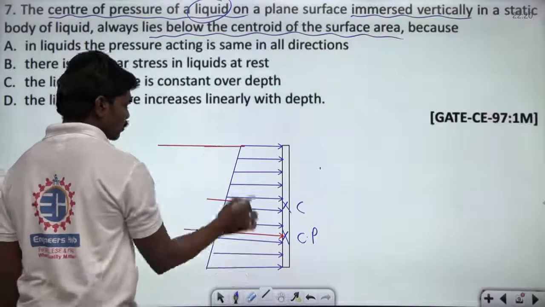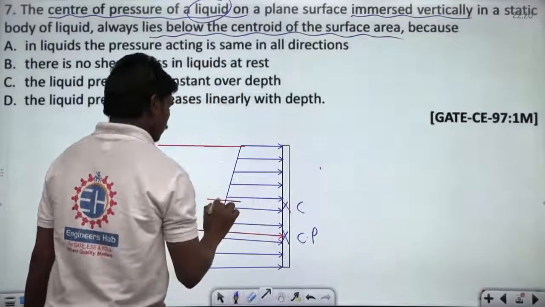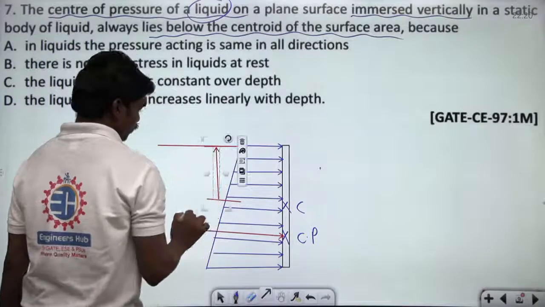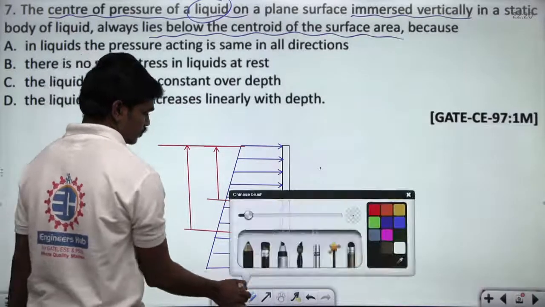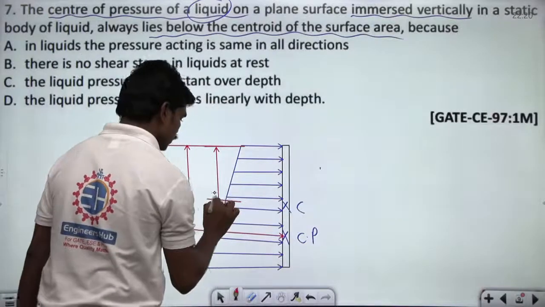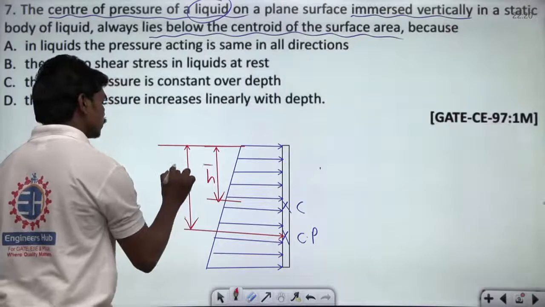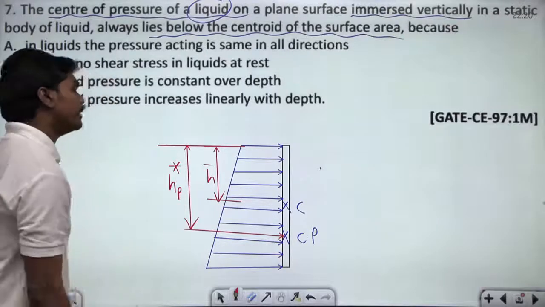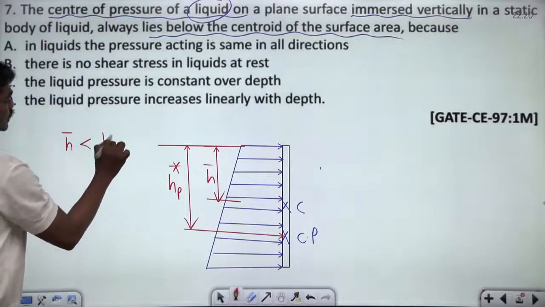I want to show you some more things. This is your h bar and this will be your hp star. So this h bar distance will be less than this hp star. This is what we have also seen.